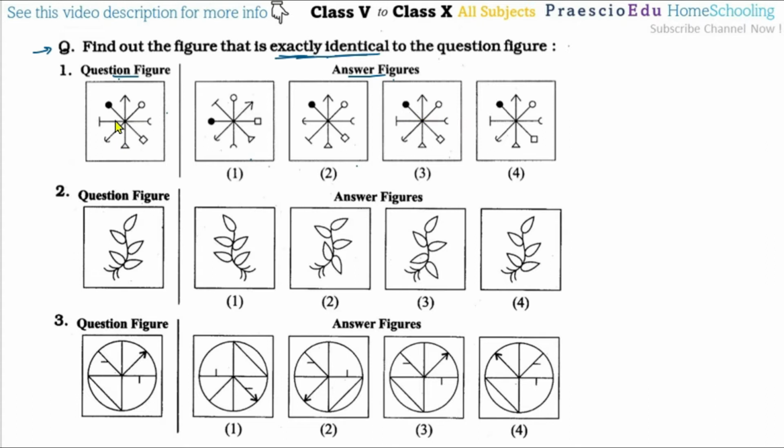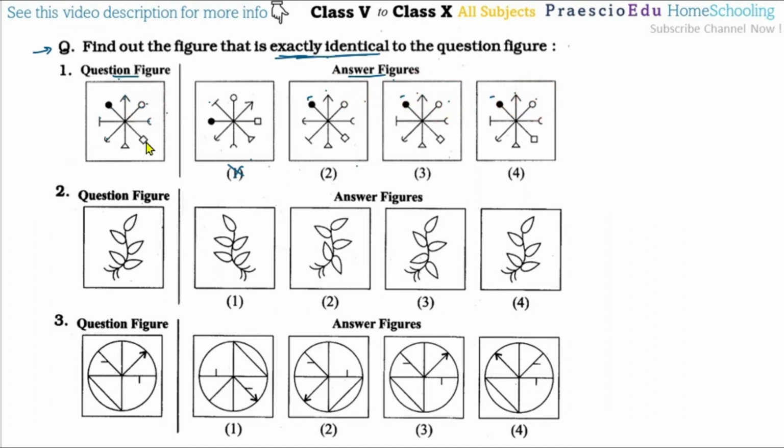Now here, this is the arrow, then small circles, then a small square or half circle here also, and here a small line and the solid circles, or dot we can say. Everything has to be identical, and as per this, which can be the similar? Here this dot is not present, so this is incorrect. Here the arrow, here also arrow, then small circle here also.